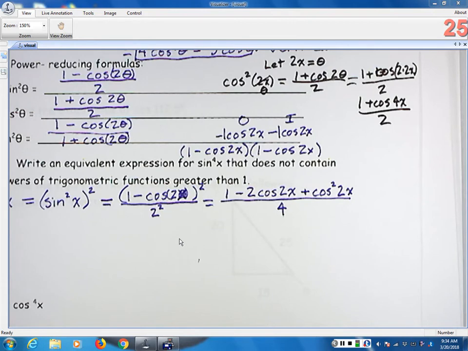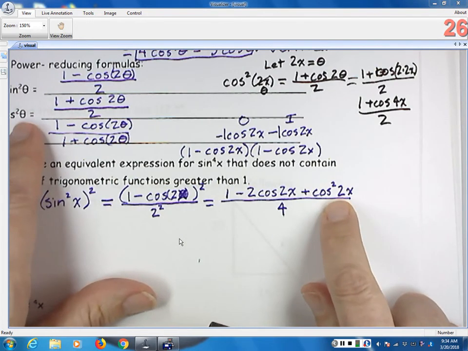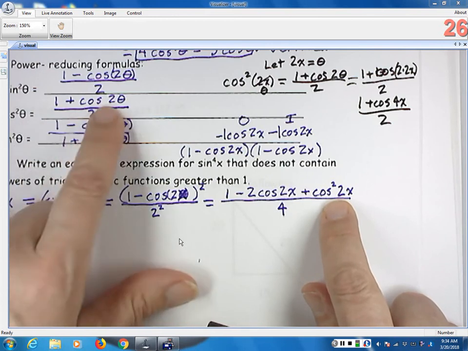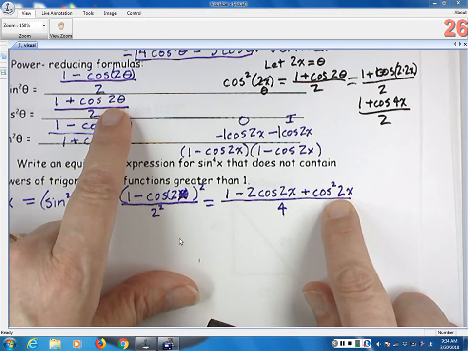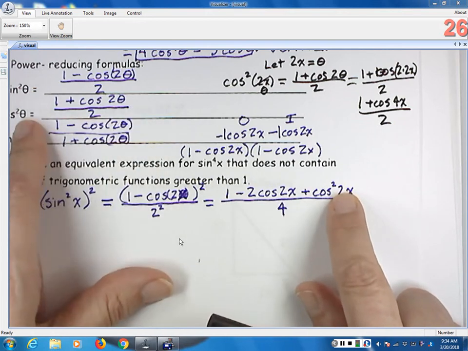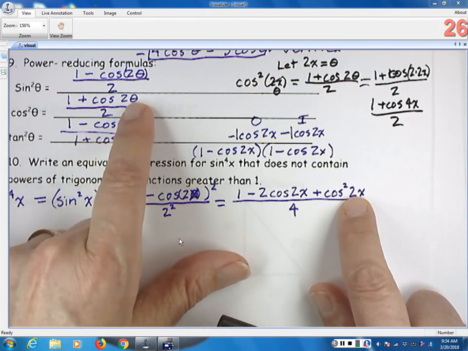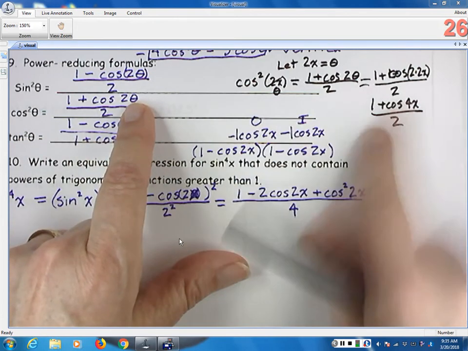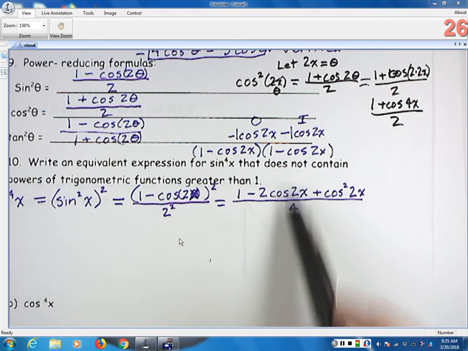We're using this formula for this, and if you could do it directly without this substitution, your 2x is going to be your theta here. You just put 2x here. If you can do that, you don't have to write all these steps out. You see that? Okay? So now I'm going to go ahead and divide each factor by 4.